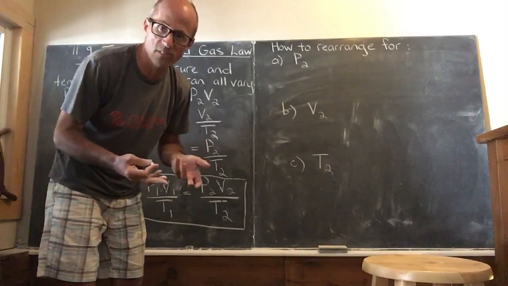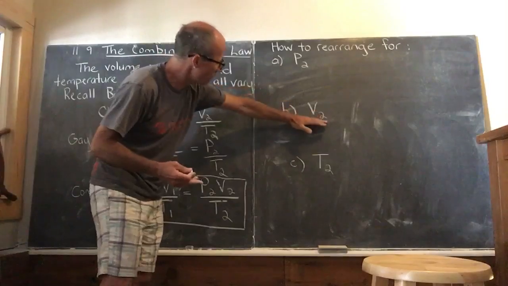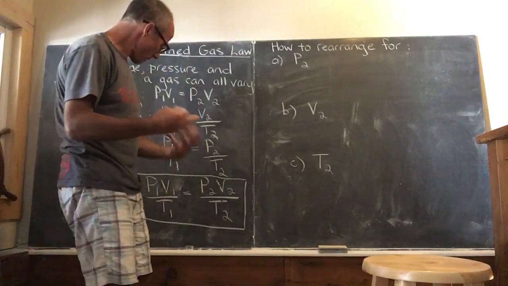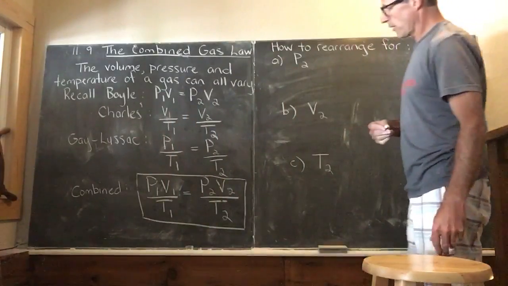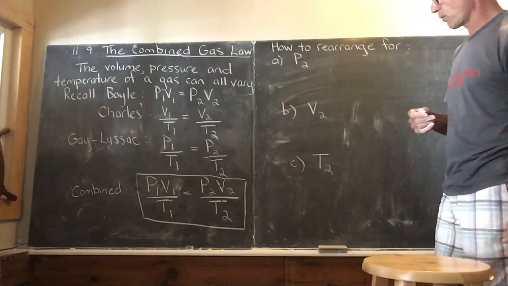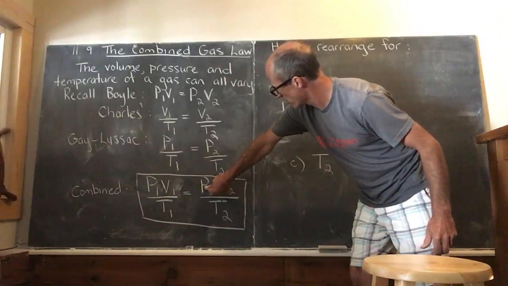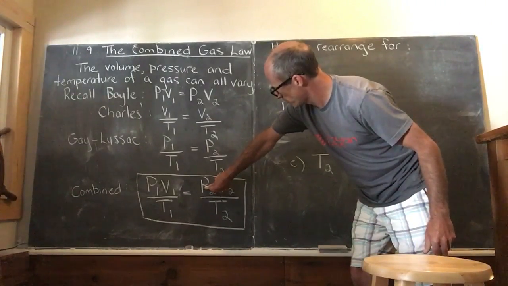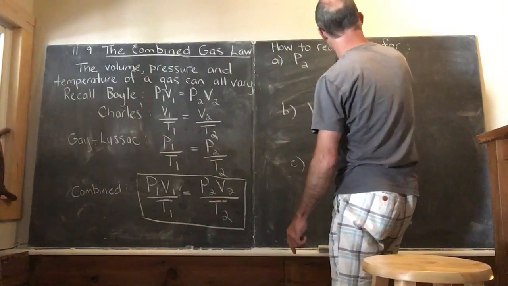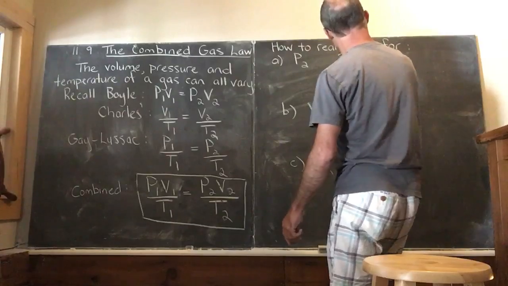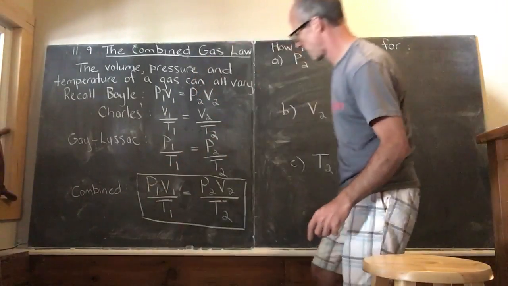So I want to take a little bit of time here and solve for P2, V2, and T2 using our combined gas law. Well, if we look at our combined gas law, P1V1 over T1 equals P2V2 over T2, P2 is here. So instead of moving P2 to the bottom on the left side, let's leave it here, and you can see that P1V1 over T1 still remains in place on the left side of the equation.